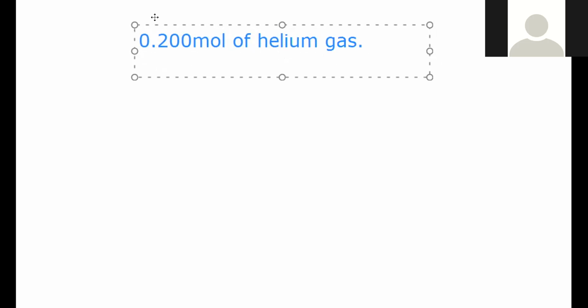Avogadro's constant and calculations using it to find how many atoms of something there are. So helium: how many atoms are in 0.200 moles of helium gas?